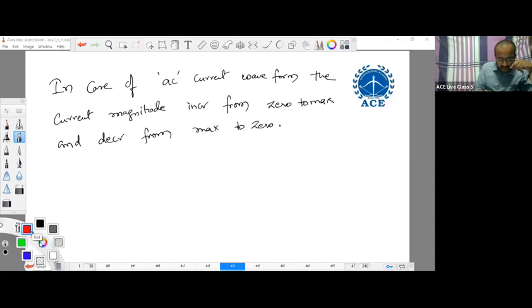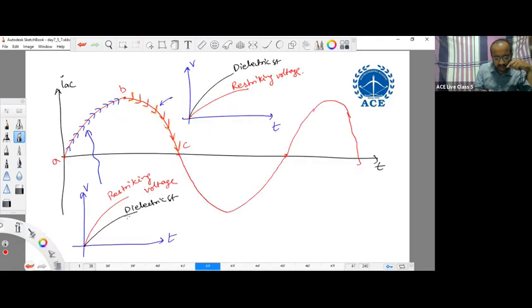So when the current magnitude is increasing from 0 to maximum, the rate of rise of restriking voltage will be more than the rate of rise of dielectric strength.